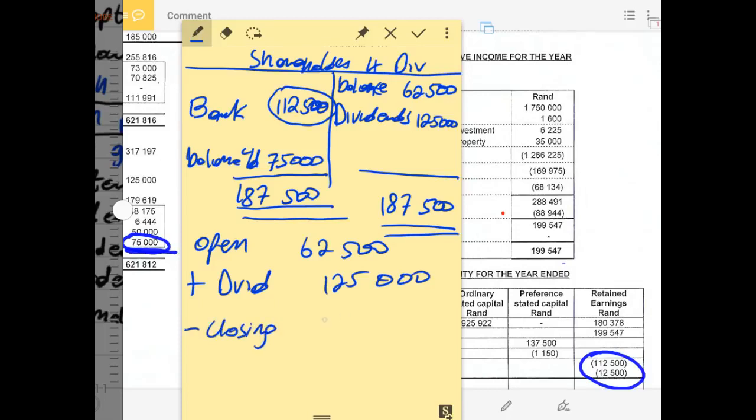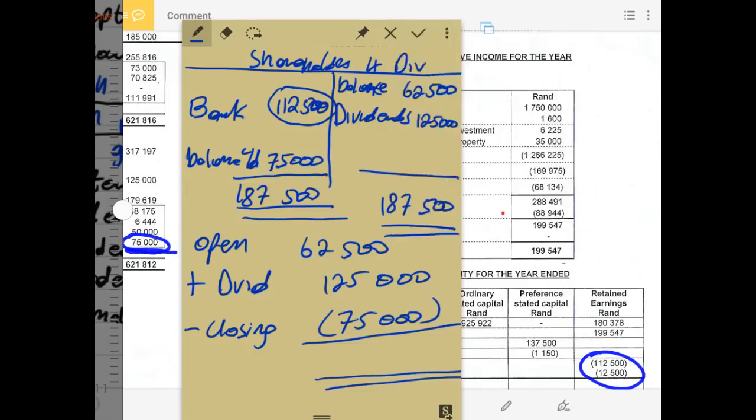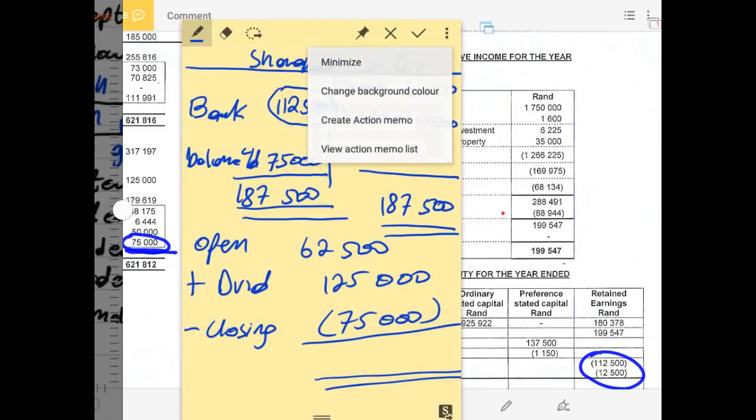Very simple. Our closing balance is 75,000. So I could have said opening plus dividends minus closing. It will be the same amount, which is 125,000 plus 62,500 minus 75,000. Then that will give you the same 112,500 without doing a ledger account.